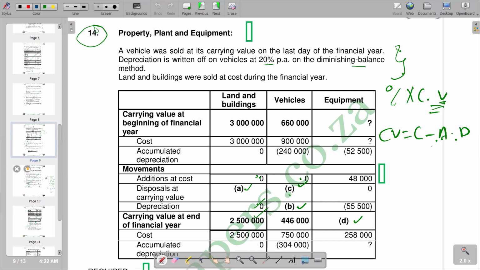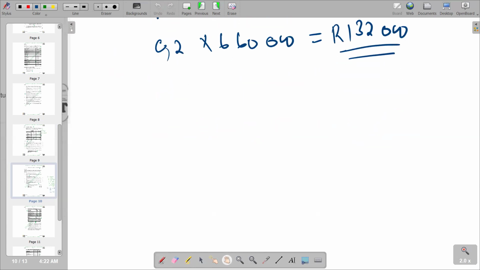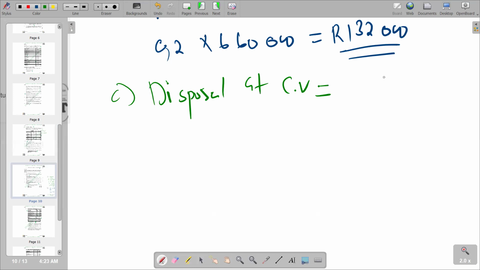So to get disposal at carrying value, we can also put down the formula by saying our disposal at carrying value, which is our C, is equal to our carrying value at the beginning of the vehicles.